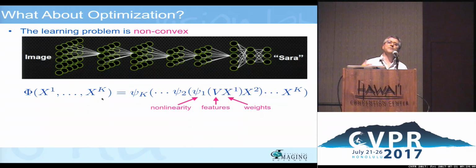The reason being that I'm going to assume that the input is fixed. Okay? So you just gave me a training set, it is fixed, and I'm just trying to train the network for that fixed data set. So the output is a function, therefore, of the weights, because those are the variables from the perspective of optimization. Notice also that this map is a non-convex map.